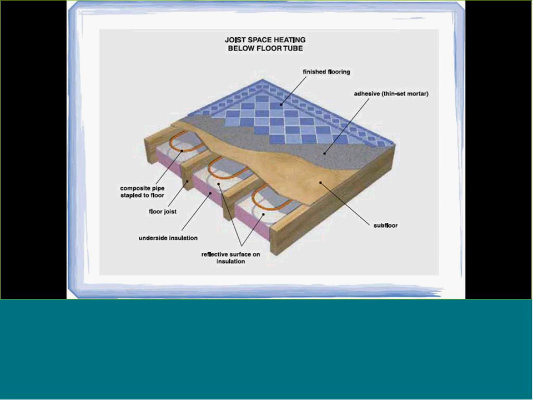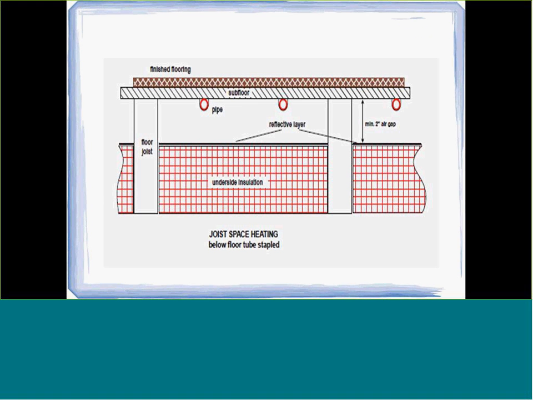As a heat source for the whole house, it's not as energy efficient as some of the other methods we have. And really all you do is you go through and you staple the tubing up between the floor joists directly to the subfloor.